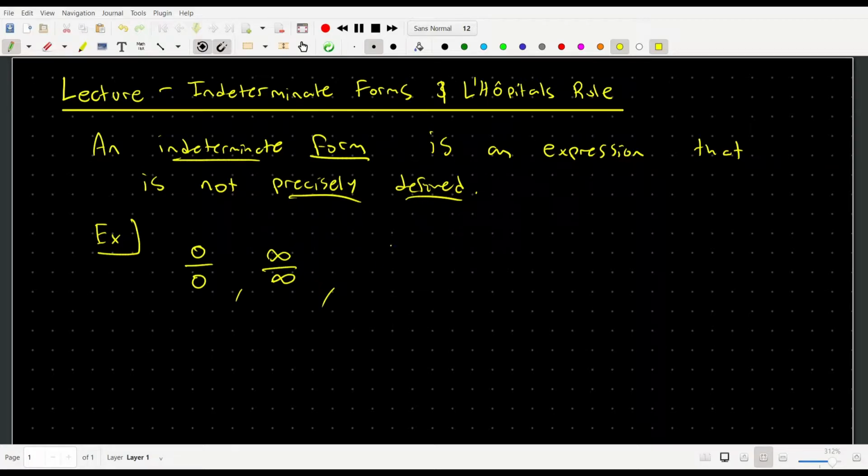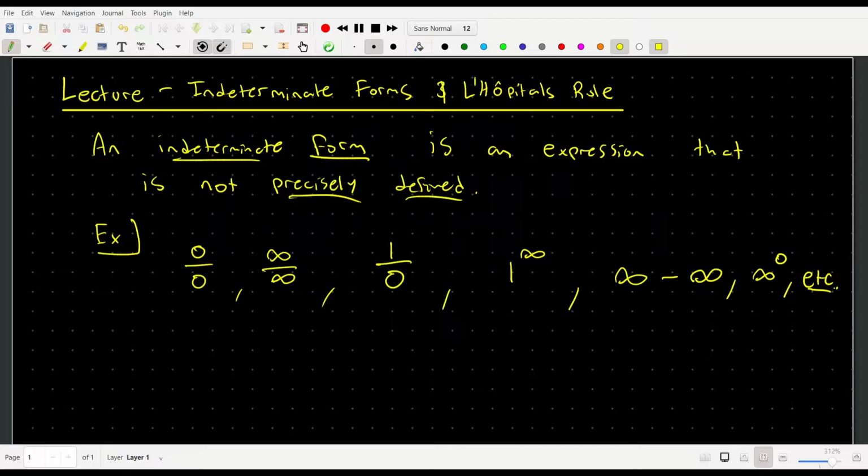For instance, if you see 1 over 0, if you see 1 to the infinity, infinity minus infinity, infinity to the 0, and so on and so forth.